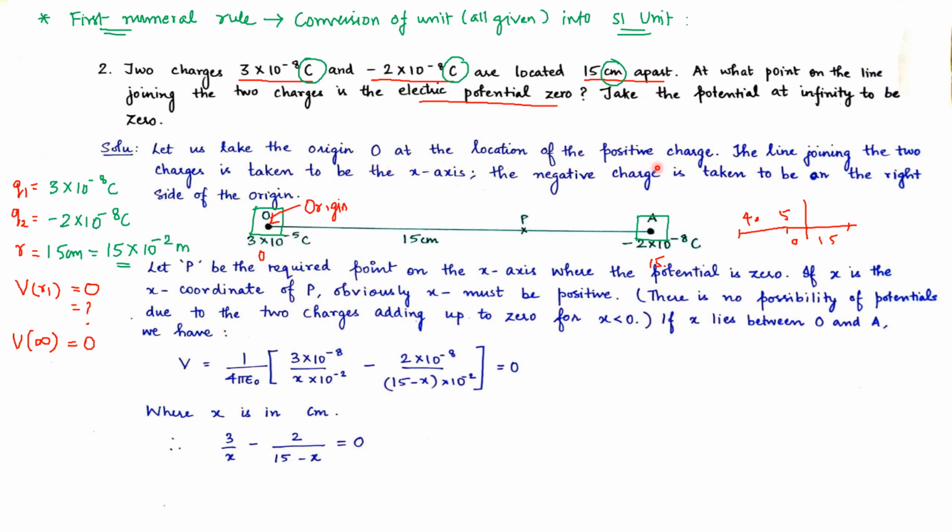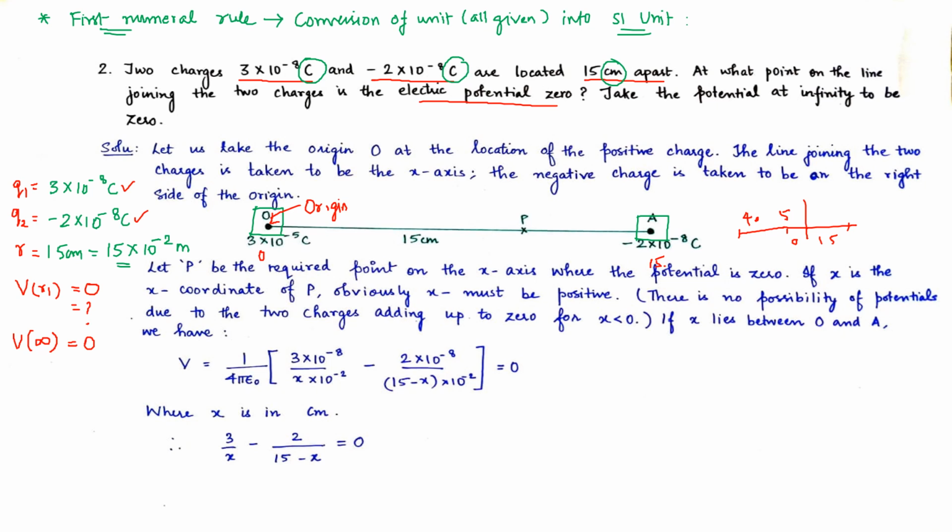The line joining the two charges is taken to be the x-axis. The negative charge is taken to be on the right side of the origin, and the positive charge is on the origin. The negative charge and positive charge of the given magnitude are 15 centimeter apart.